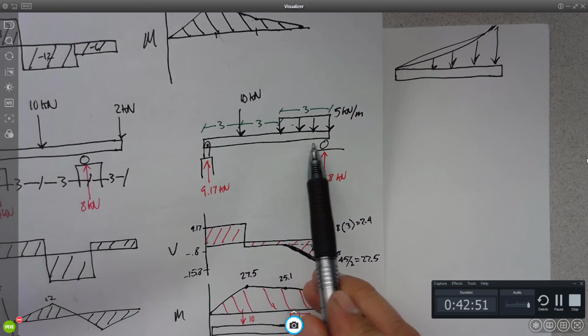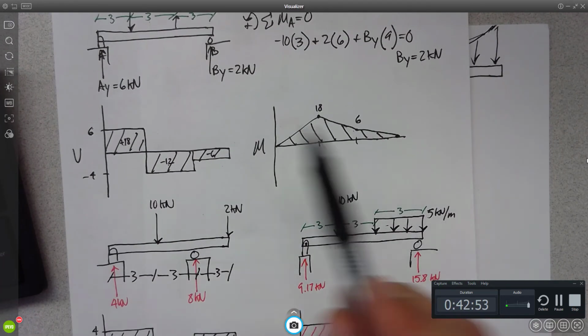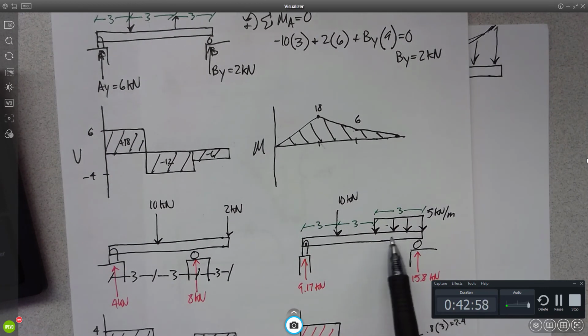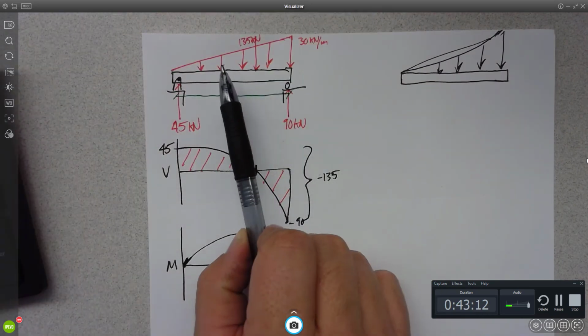And this is the majority of engineering, right? The majority of engineering is we have a distributed load. If you think of a pool, hydrostatic pressure, distributed load. Any pressure, typically that's just a distributed load, like a pressure over an area, okay? So pretty unusual that we're going to end up with something like this.